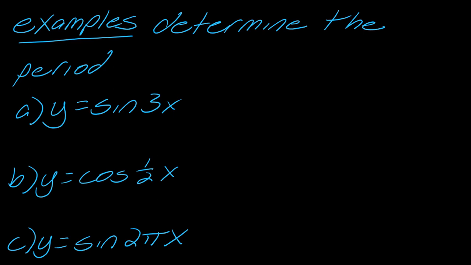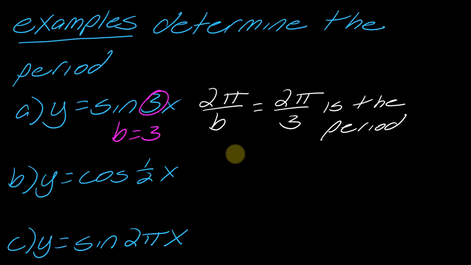So let's start with sine of 3x. So in this case, you're just looking for that number that's attached to x. So in this case, I'm going to consider my b equal to 3. And now I have to do a little bit of work to figure out what the period is. So I use this formula, 2 pi divided by b, and I plug in for b that 3. So 2 pi divided by 3 is the period. 2 pi divided by 3 is a tongue twister for some reason.